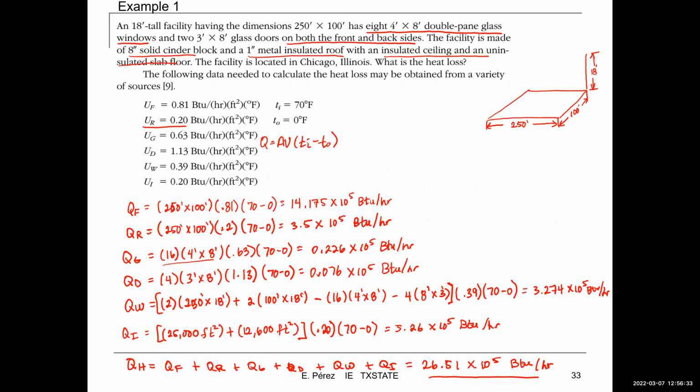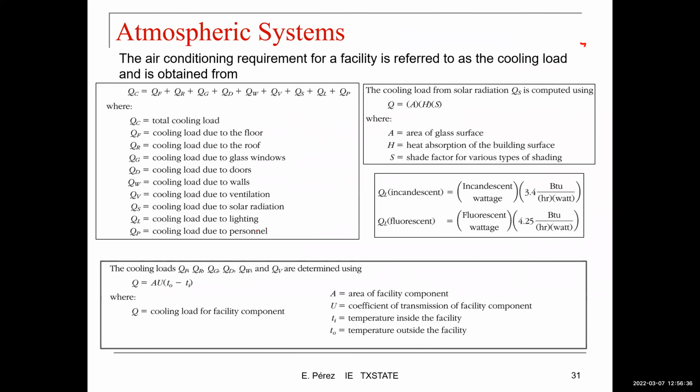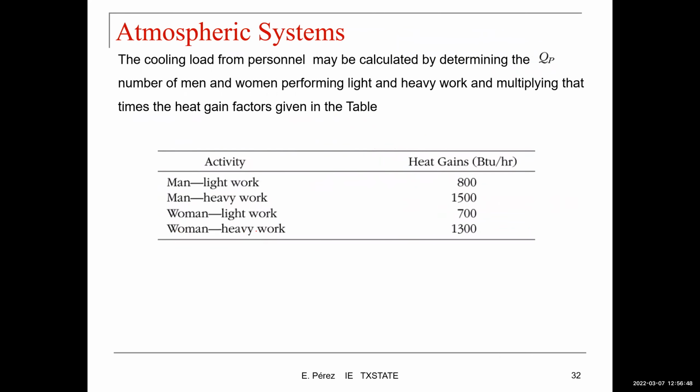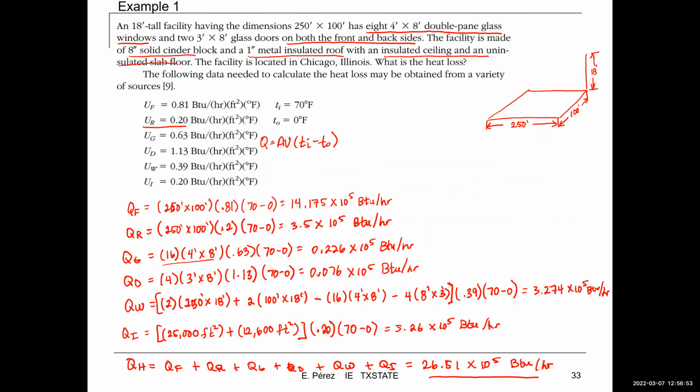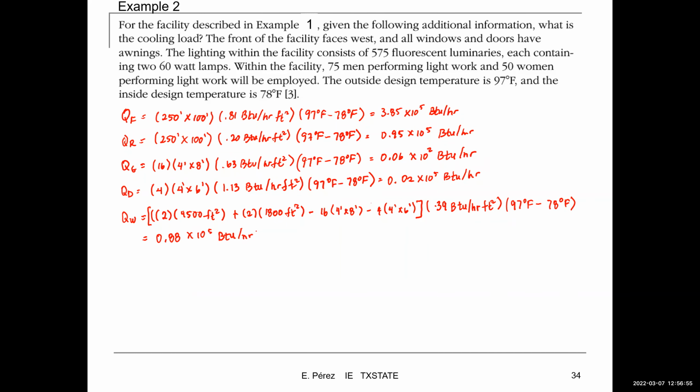Okay. So next we have QB. QB is the cooling load due to ventilation. So again, here for QB, we're going to use the same dimensions, or the same components, that we use for infiltration.